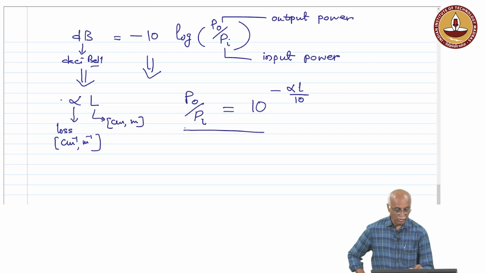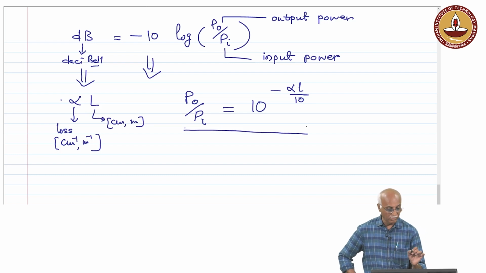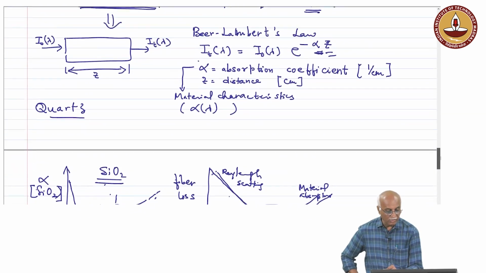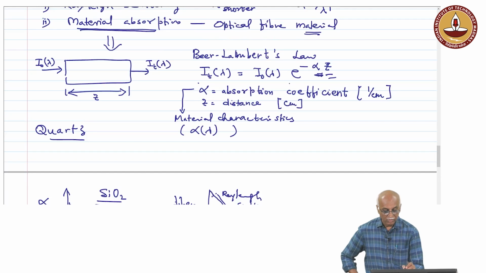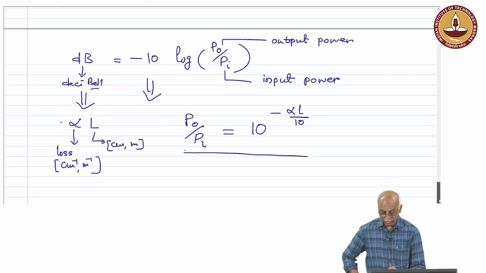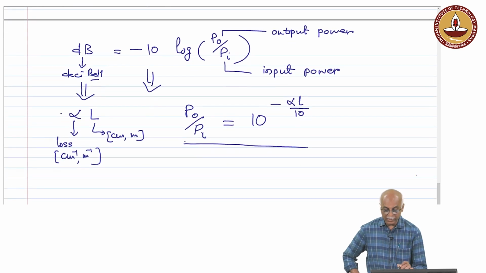So, in the case of optical fiber, the alpha parameter in the Beer-Lambert law I showed represents loss, however indirectly in an exponential form. In optical fiber, that loss is expressed in terms of this decibel parameter.